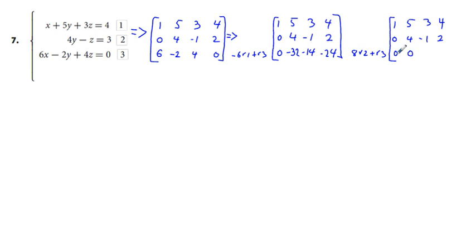And then we're going to have negative 8 minus 14, which is going to be negative 22. Yeah, negative 22. And then 8 times 2 is going to be 16.